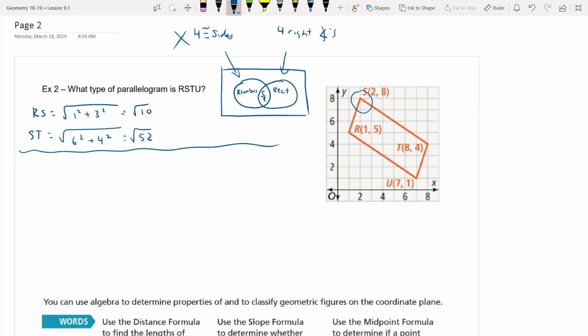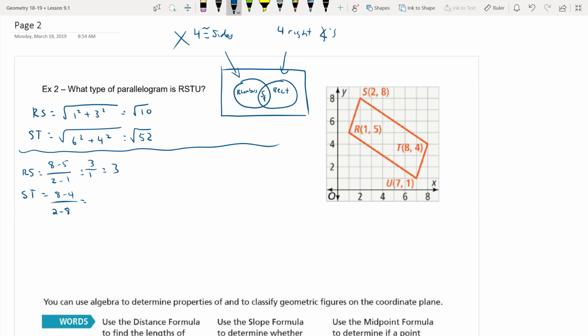So my slope of RS is 8 minus 5 over 2 minus 1. That's going to give me 3 over 1. So my slope there is 3. For ST, my slope is 8 minus 4 over 2 minus 8, sorry.